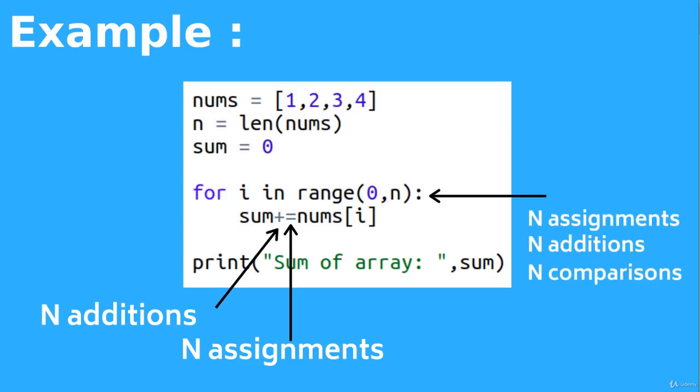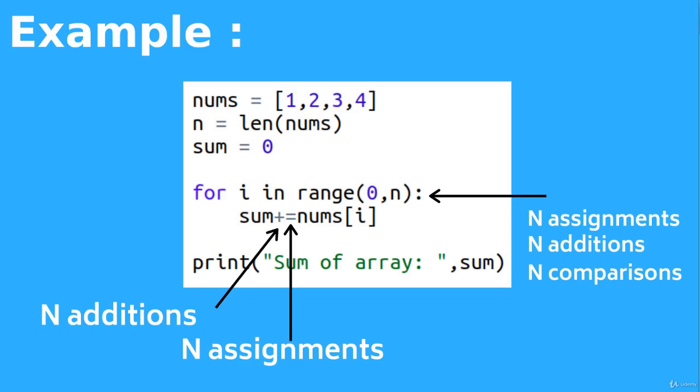Again, here we got 3n operations, although this one might not be so visible. But under the hood of the loop, we do an assignment for the new value of i, because remember, at each iteration, the loop increments its counter i. So at each iteration, we assign i to its new incremented value. Similarly, we do n additions, because we do an addition to the previous i value at each new iteration to find the new value.